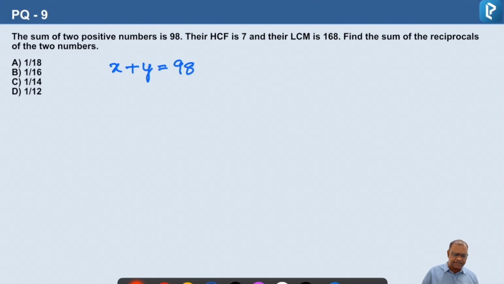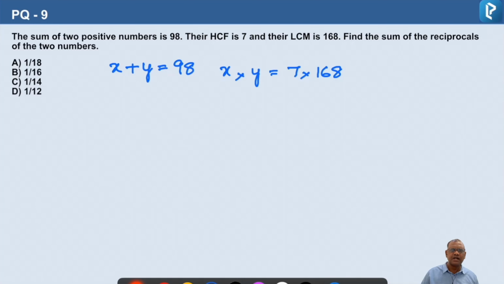Their HCF is 7 and LCM is 168. So the product of the numbers, x into y, is equal to the product of HCF and LCM. x into y is equal to 7 into 168.